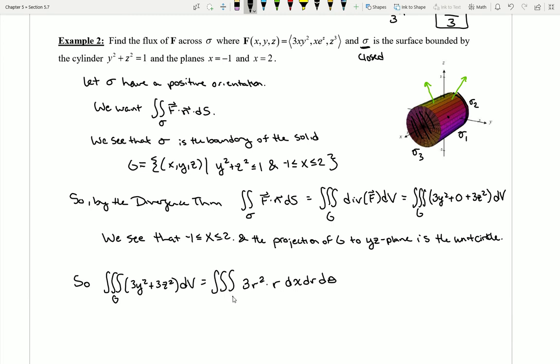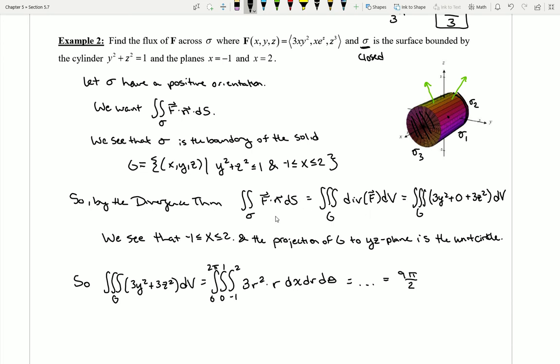My x values went from -1 to 2, and if I'm dealing with a unit circle, my r is going to go from 0 to 1, and my theta is going to go from 0 to 2 pi. In fact, this is a super simple integral to calculate. I'll leave it for you to double check the details, but I ended up with a final answer of 9 pi over 2.